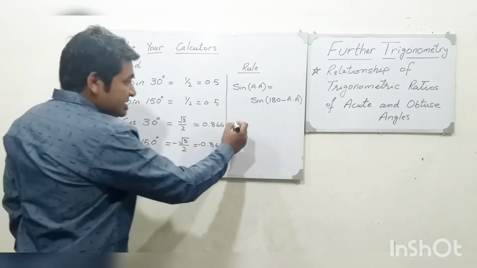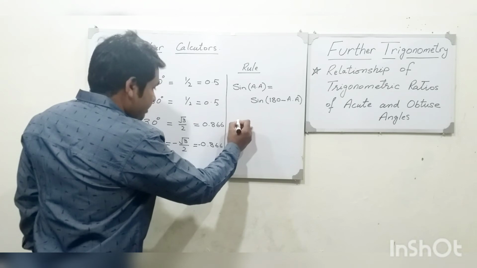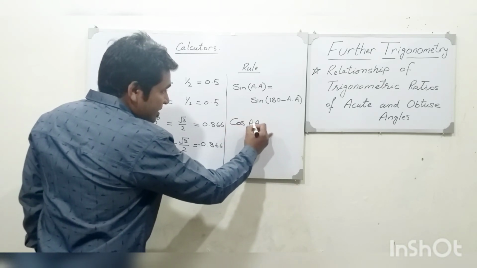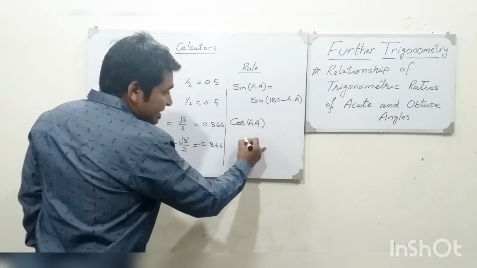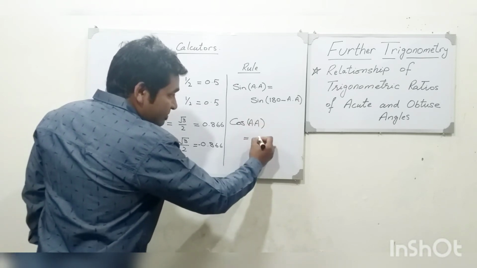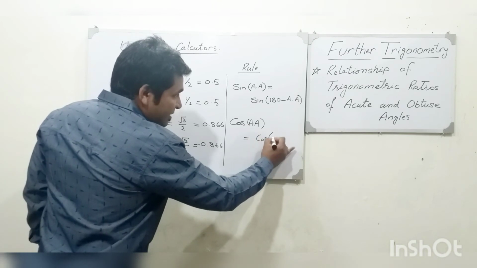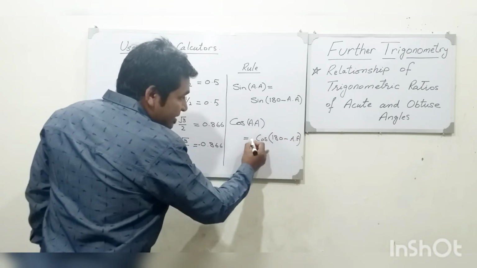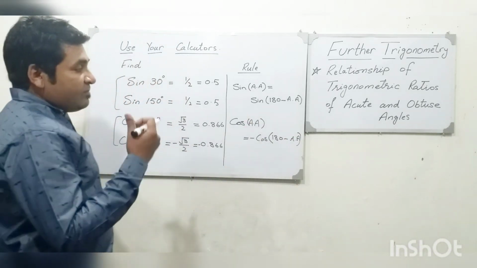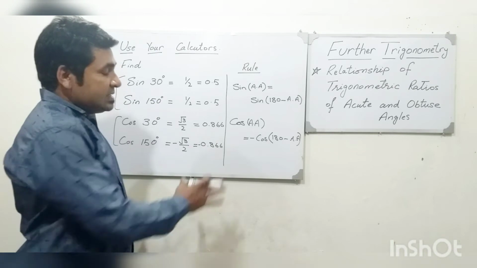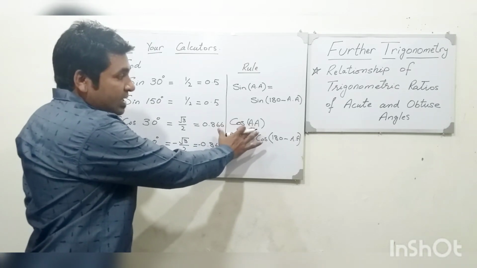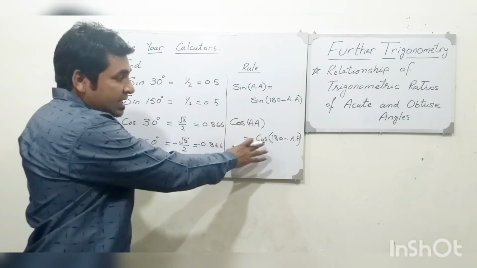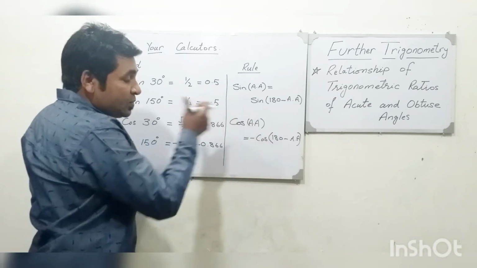But when we convert a cosine ratio with an acute angle into an obtuse angle, the answers are not the same. When we convert cos of any acute angle into an obtuse angle, we do the same thing: cos of 180 minus the acute angle, and here we use a minus sign, because cos is positive with all acute angles and negative with all obtuse angles.